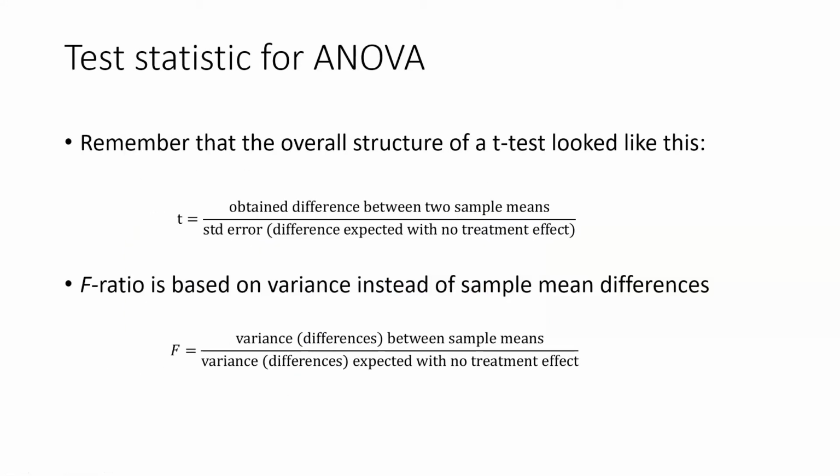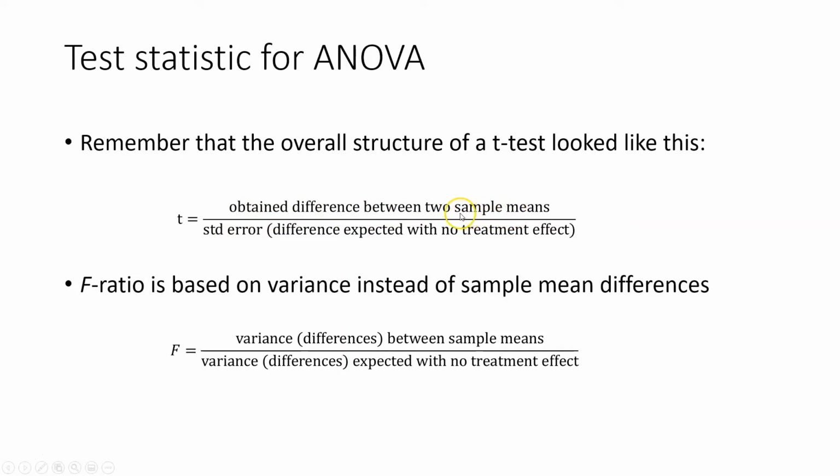The test statistic for an ANOVA follows this format down here. But in order to make sense of that, I want to remind you first that the overall structure of a t-test that we've been doing for the last several modules looked like this. We took the obtained difference between two sample means.